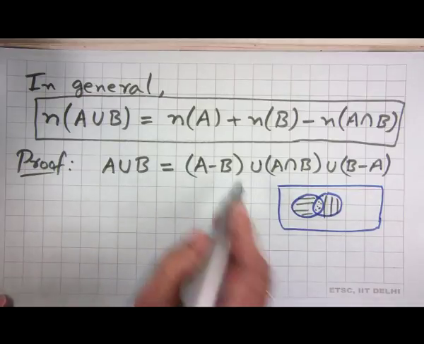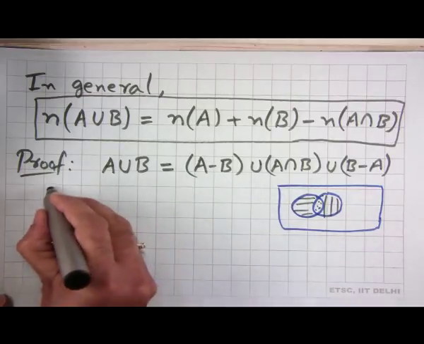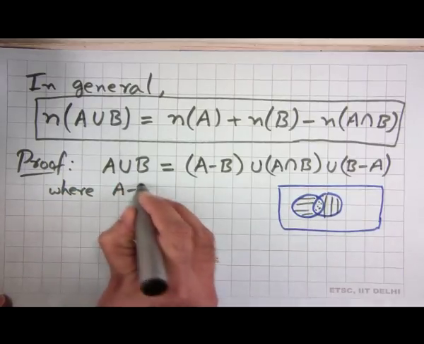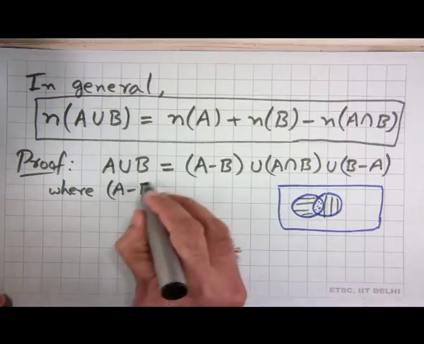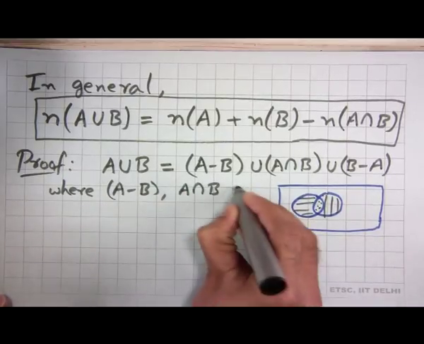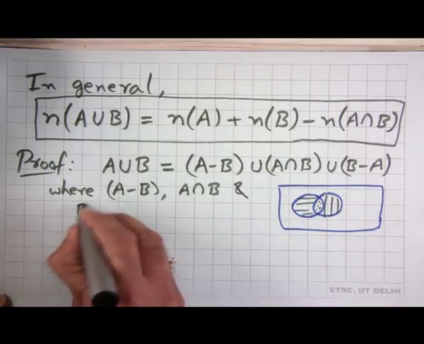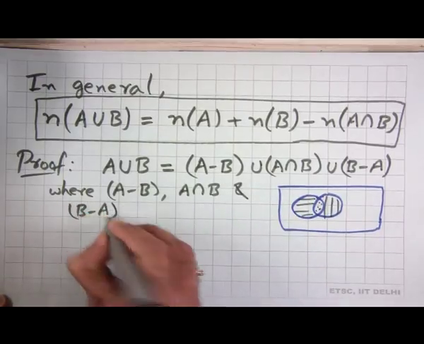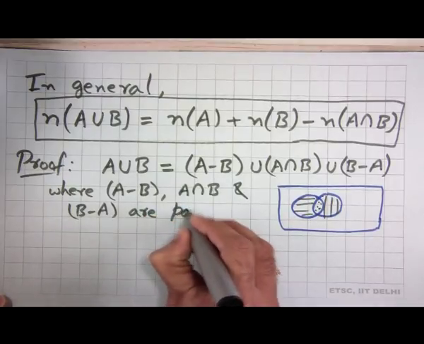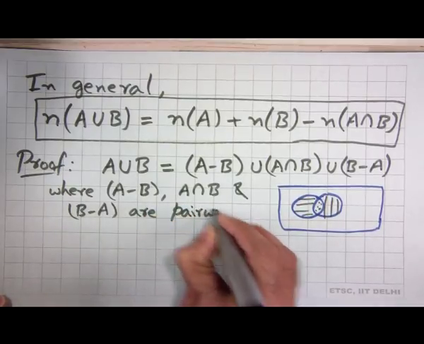And these are disjoint, where A minus B, A intersection B and B minus A are pairwise disjoint.